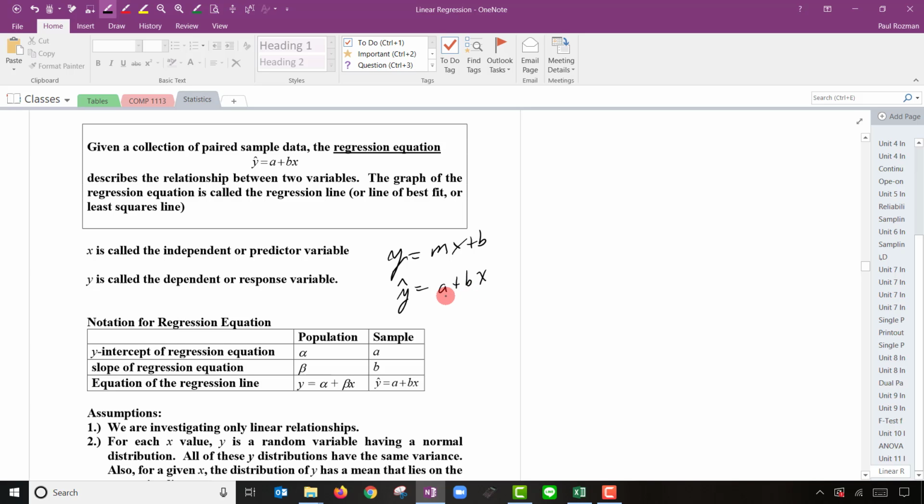The reason statisticians have chosen to do it this way is you don't always have two variables. Sometimes you'd have a plus b x1 plus c x2 plus d x3. So it allows you to build that pattern. Right now we're just considering the two variable linear case, but obviously we can expand this to a multivariable case.